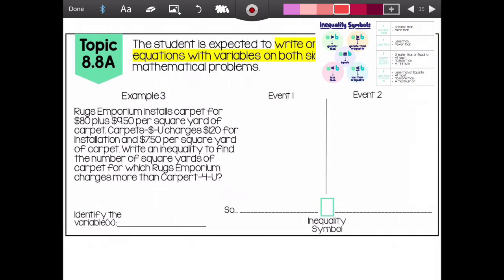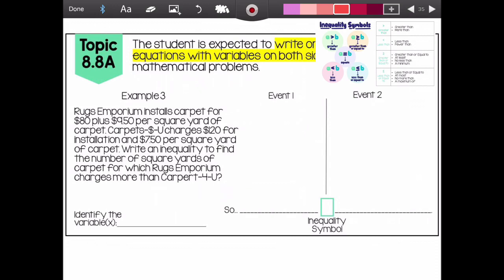Rug Emporium installs carpet for $80 plus $9.50 per square yard of carpet. Carpets for You charges $120 for installation and $7.50 per square yard of carpet. It says write an inequality to find the number of square yards of carpet for which Rug Emporium charges more than Carpets for You.